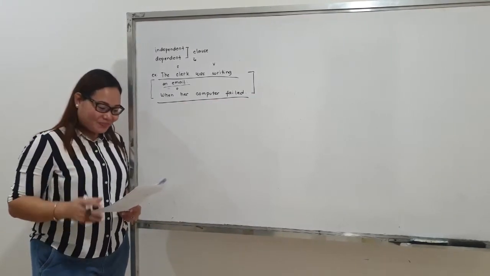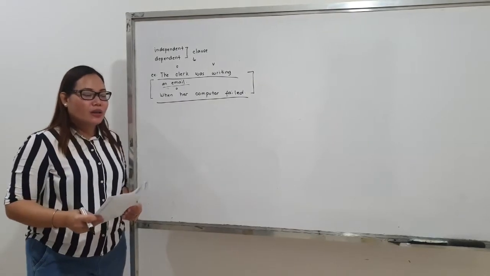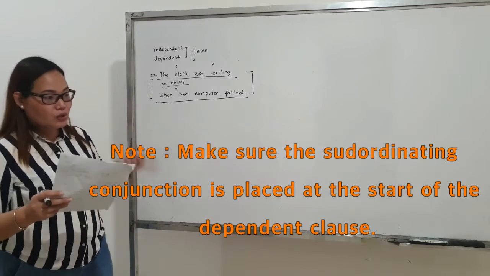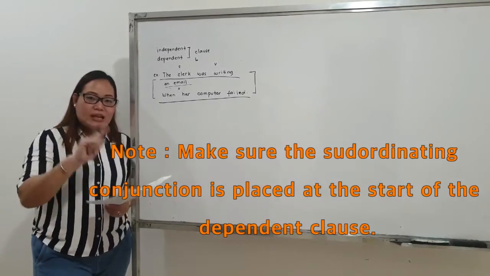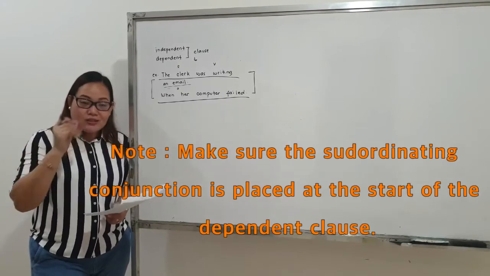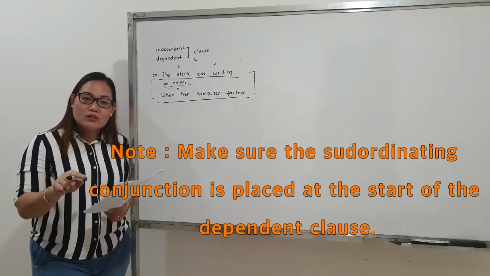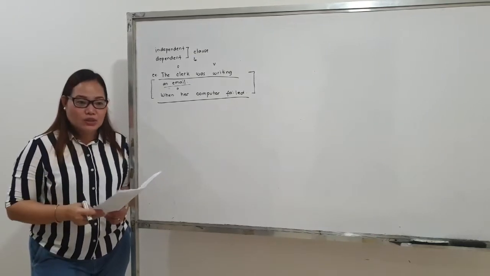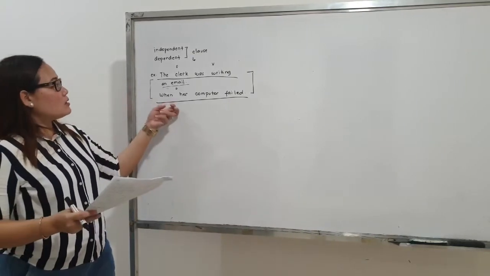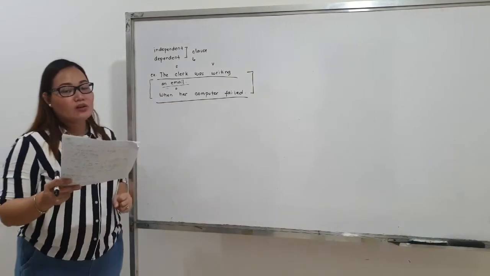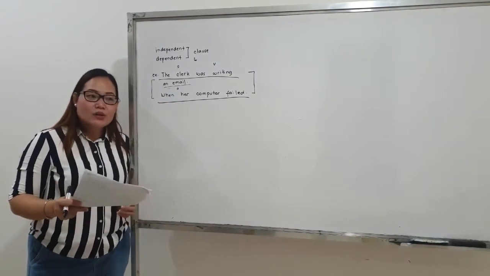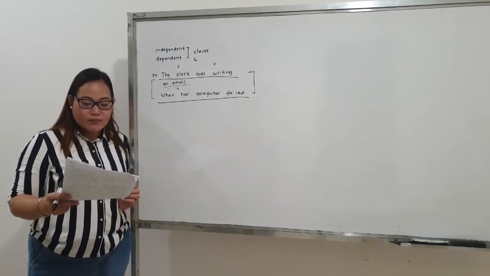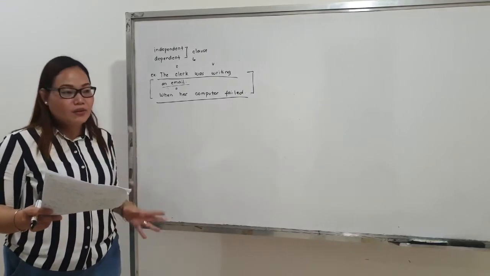Clear? There are so many other examples of subordinating conjunctions, which you can search in your grammar books or other English books. Some examples are after, when, whenever, because, before, even if, even though, and so on.